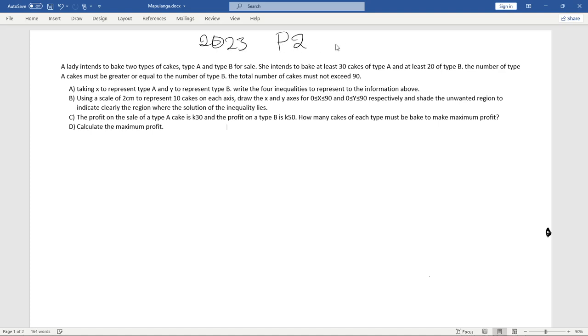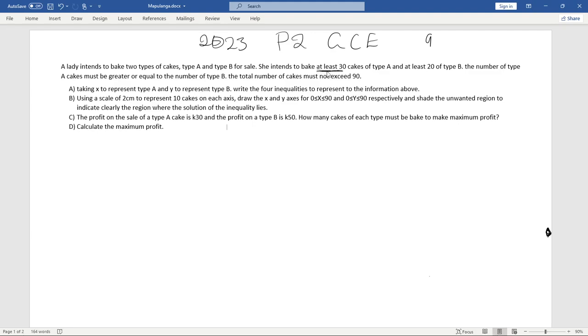This is a question from 2023, paper 2, GCE. I believe it was question number 9. The question reads: a lady intends to bake 2 types of cakes, type A and type B, for sale. She intends to bake at least 30 cakes, so the key term here is "at least".